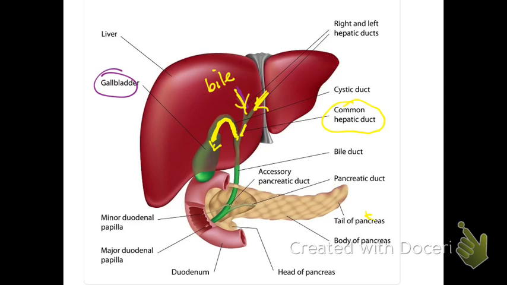And that bile will be released through the cystic duct and then go into this, the actual bile duct. Okay? And the bile duct will then bring this bile down, and it will drip into and be released into the duodenum. Now, where it is released is called the major duodenal papilla.